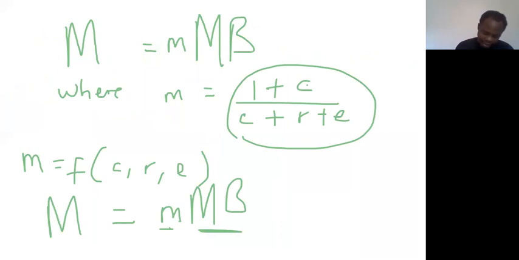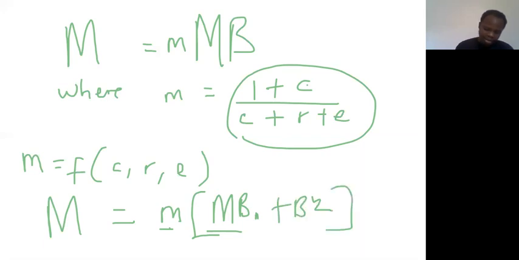So I can say this monetary base here is the same as the non-borrowed monetary base plus the borrowed reserve, right? We are looking at the situation whereby this one has increased. So if this one increases, what happens to our money supply? Money supply will increase, right? And the money supply will increase because once this one increases, we have more monetary base for deposit creation. So that is the reason.